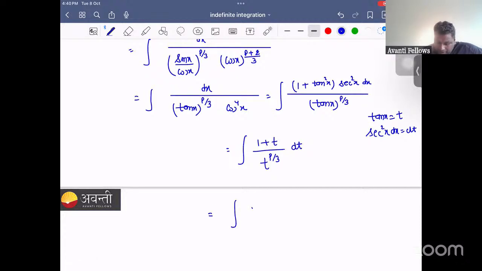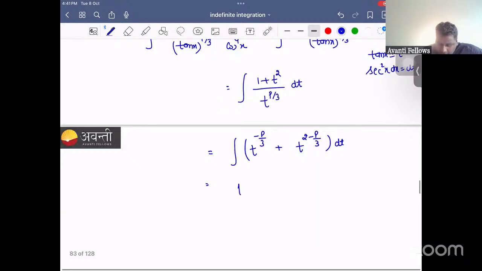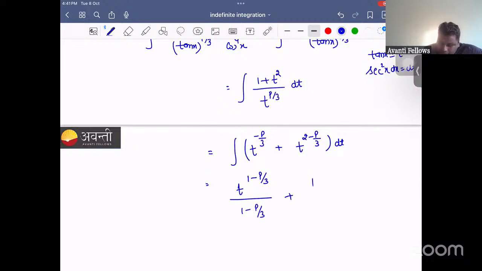That can be written as t to the power minus p by 3 plus t to the power 2 minus p by 3 dt. So the answer to this one will be t to the power 1 minus p by 3 upon 1 minus p by 3 plus t to the power 3 minus p by 3 upon 3 minus p by 3 plus constant.